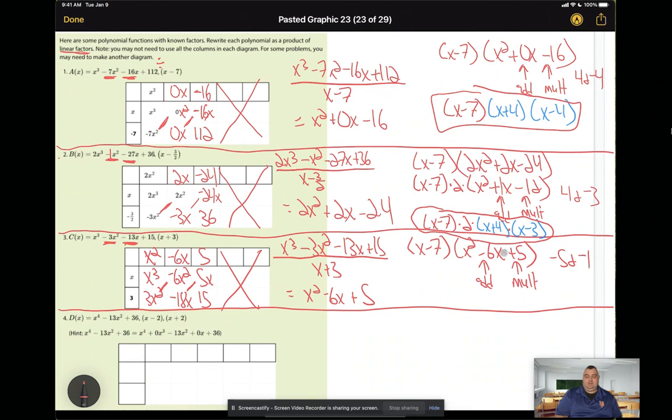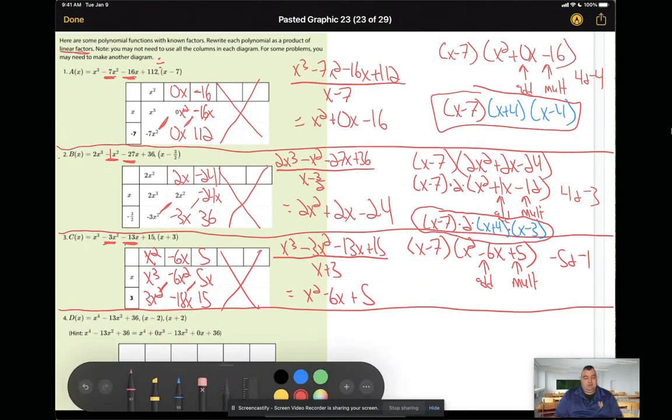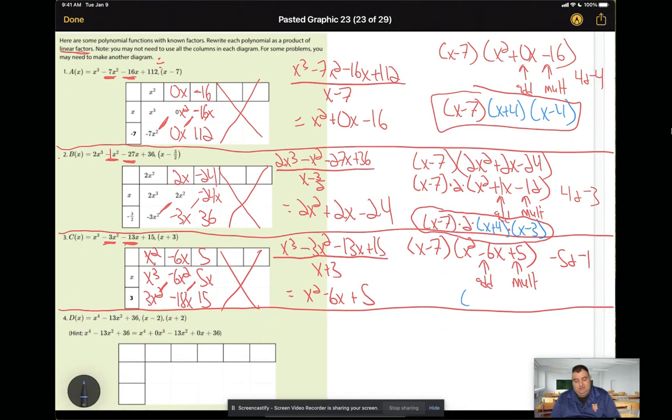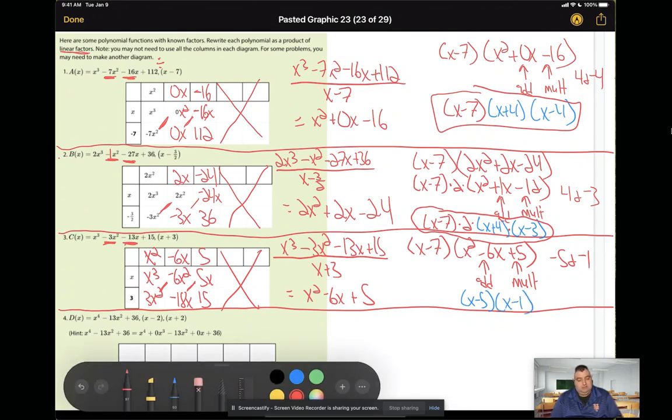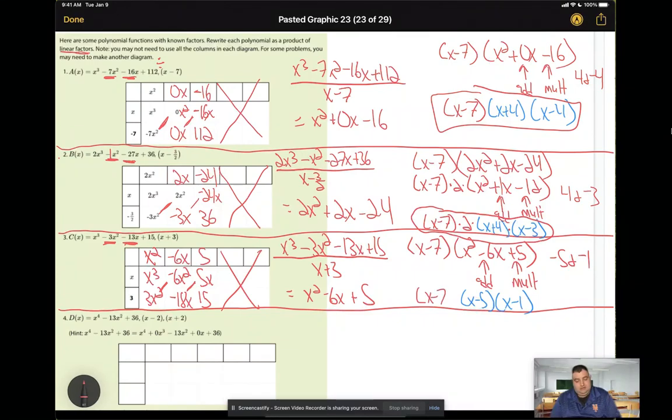Negative 5 plus negative 1 is negative 6. Negative 5 times negative 1 is positive 5. So that's going to break down into x minus 5, x minus 1. And my third factor, combine that with, is that. So my three factors are x minus 7, x minus 5, and x minus 1. So that's number 3.